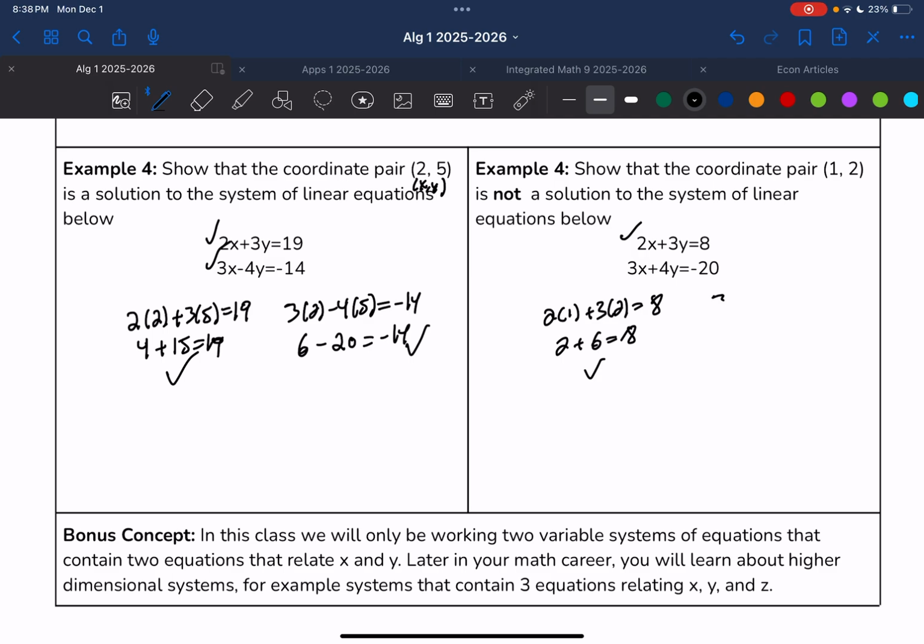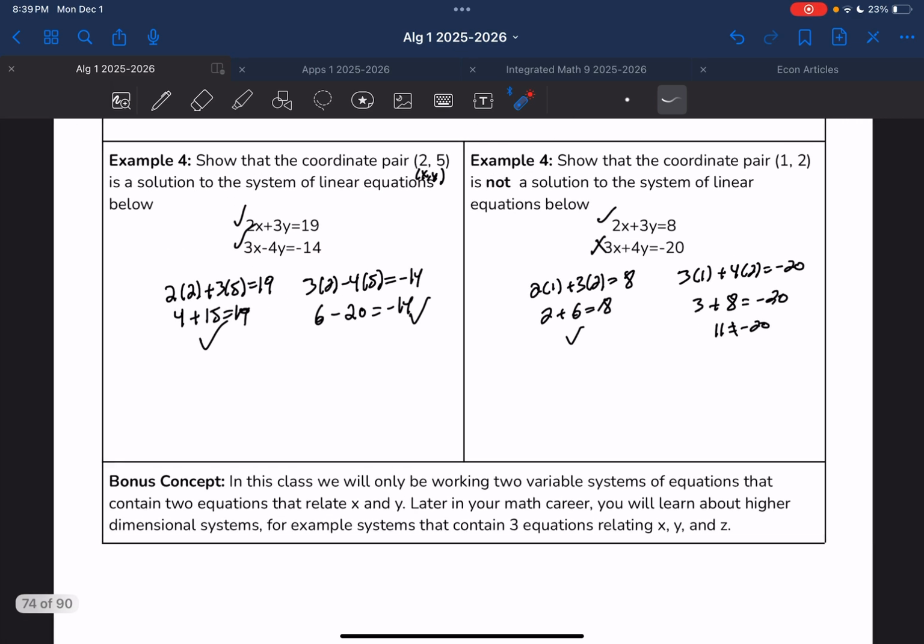But the second one, 3 times 1 plus 4 times 2 is equal to negative 20. 3 plus 8 is equal to negative 20. 11 is equal to negative 20, but it is not. So we did not solve the second equation. Only this pair here would be said to solve this system.